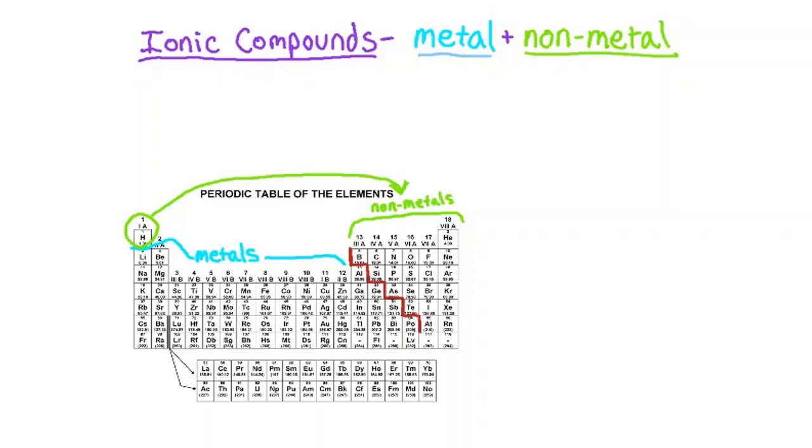So say for instance, if you look down at the periodic table, if you want to write calcium and chlorine together, you would have up here calcium plus chlorine.